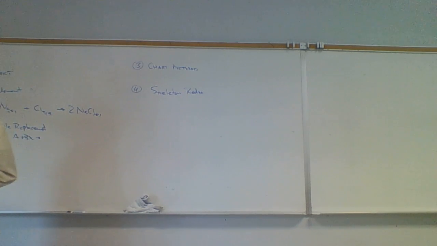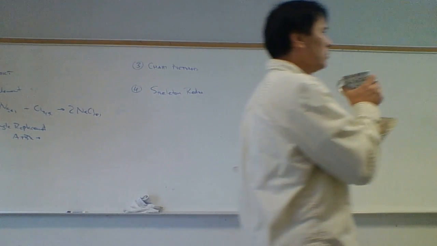Skeleton redox is a major part of chapter 19 of our book. And then this is more advanced. This is what we'll call the potential diagrams. What does the charge on manganese vary from? From what to what?